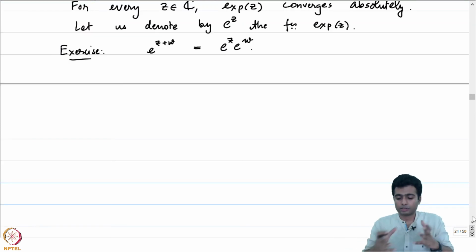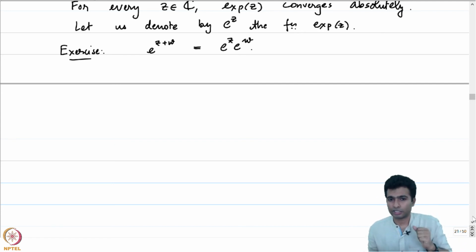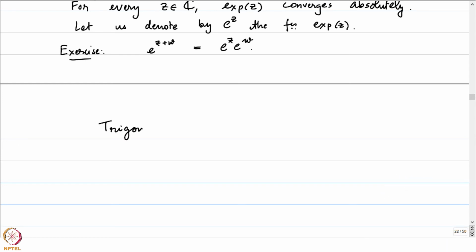Let us next study the trigonometric functions, the analogues of those defined on the real line.